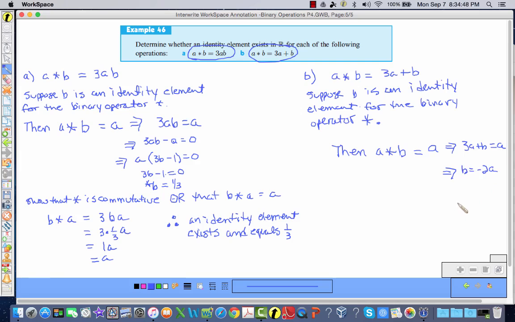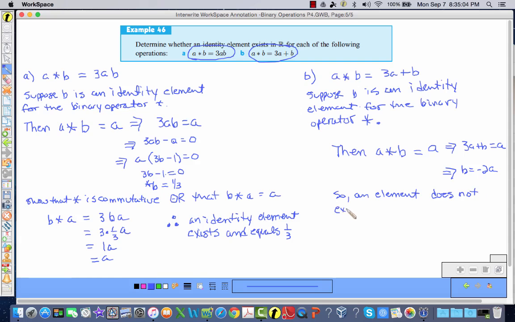And we can stop right there, boys and girls, and we can say, so an identity element does not exist. Think about why I know that immediately.